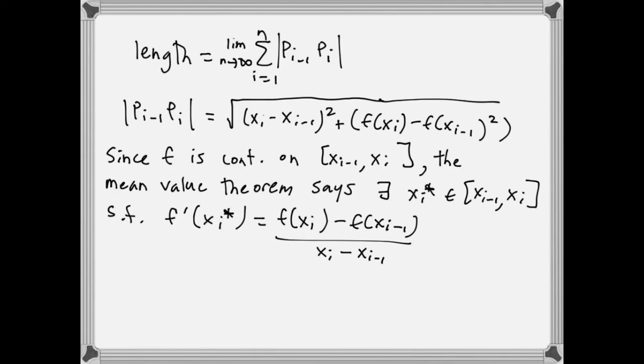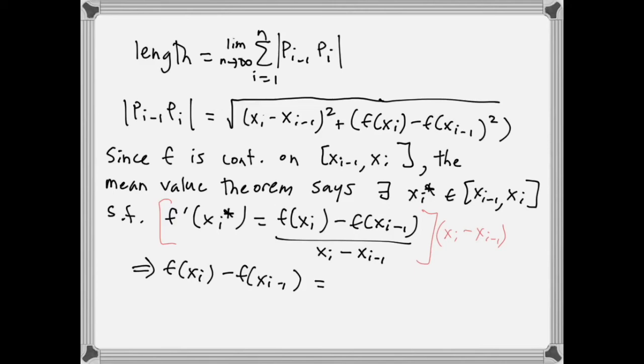Okay, so because this is true, this actually means that f of x_i minus f of x_{i-1} is equal to, so all I'm doing is I'm taking this fraction and I'm multiplying it by x_i minus x_{i-1}. So if I do that, I get that guy.